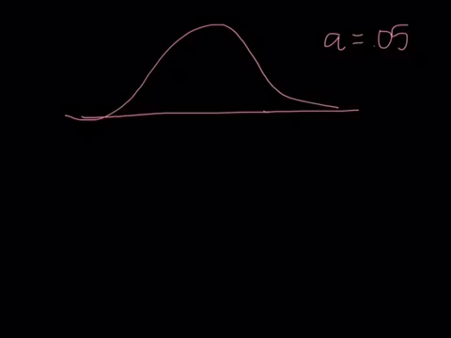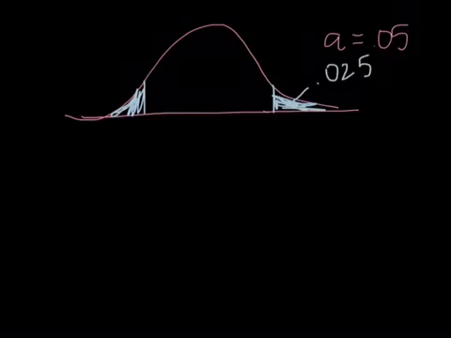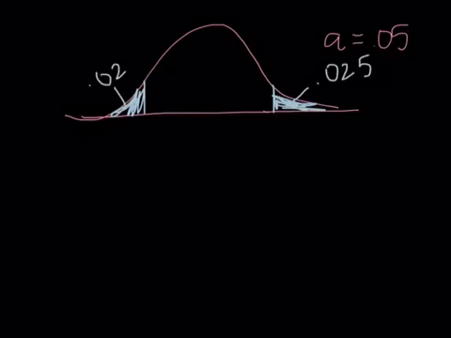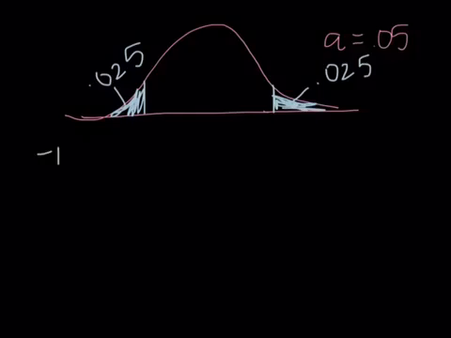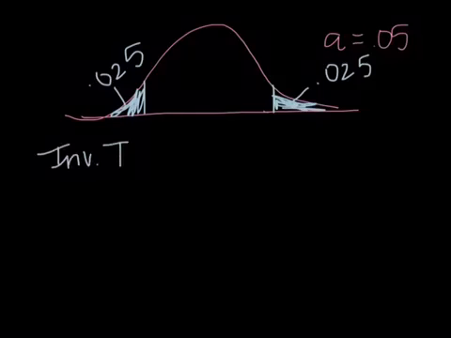So before I actually find my critical values, I'm just going to quickly shade in my area. And it's a two-tailed test, and each tail is 0.05 divided by 2, which is 0.025. And to find my critical values, on my calculator, I do inverse t.